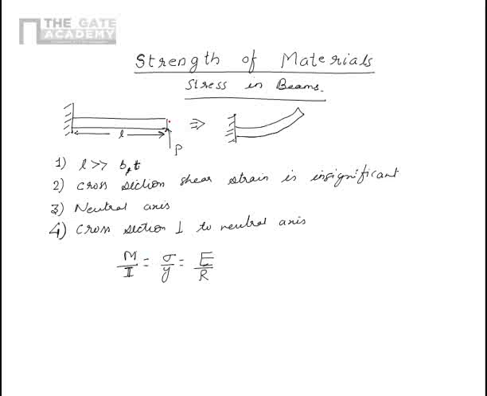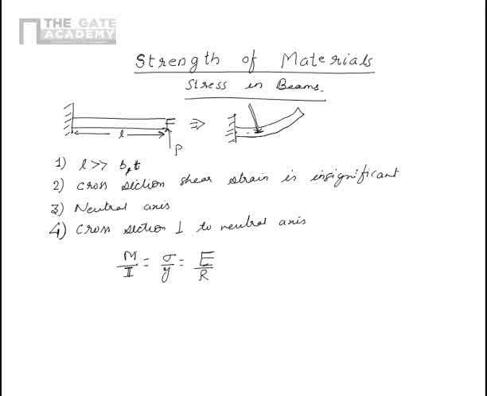So let's say the location is here, so the sigma is defined there. y is the distance of that particular location where we are figuring out the stress from the neutral axis. E is the Young's modulus and R is the radius of curvature of the beam. So this R will be like this. At this point, this is the radius of curvature.